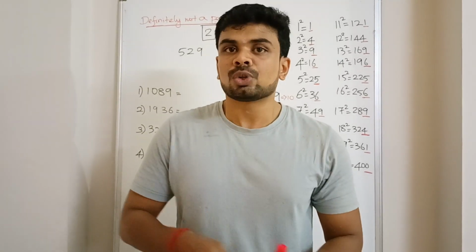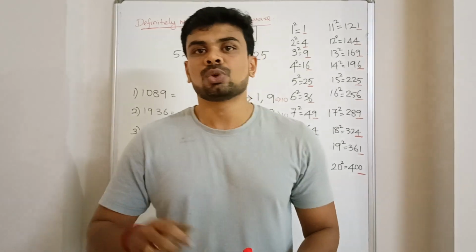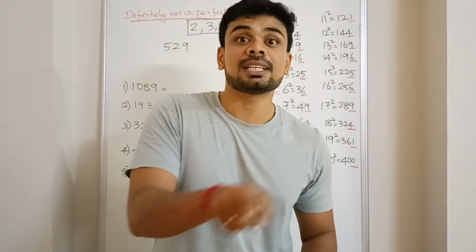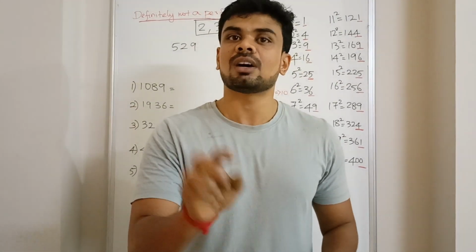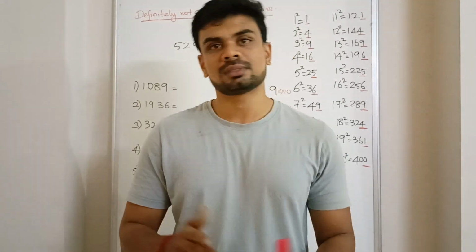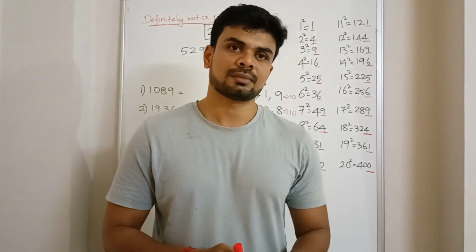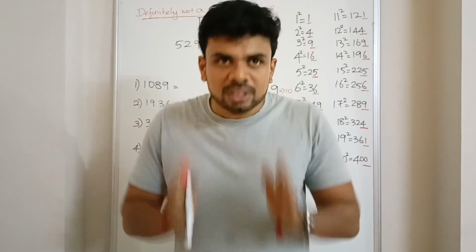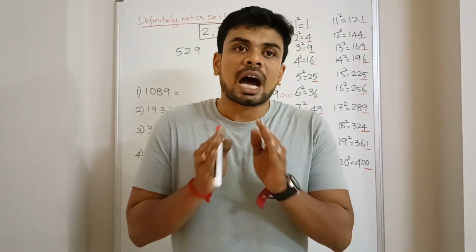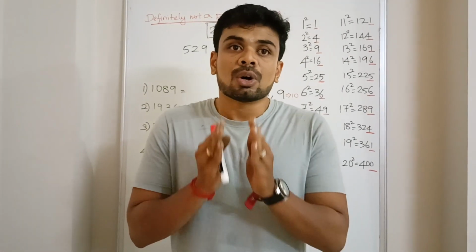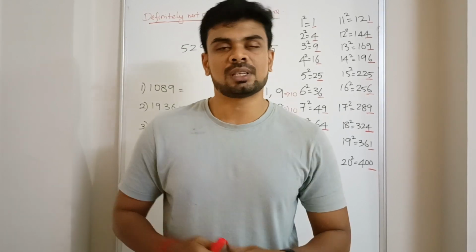Parallelly, for 4, 2 square is 4. So 2 plus 8 gives 10. So 2 and 8 are the companion numbers of 4. And so on. With this knowledge, I need to understand the procedure to solve the questions.